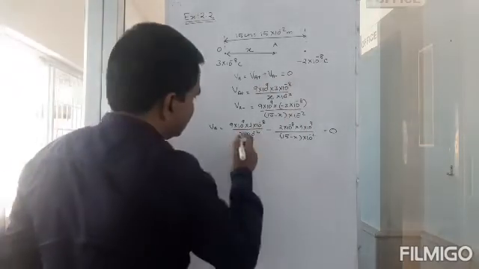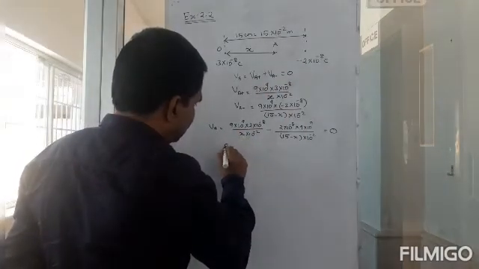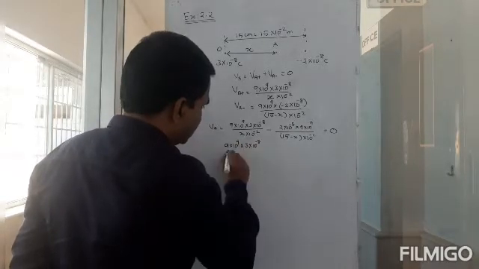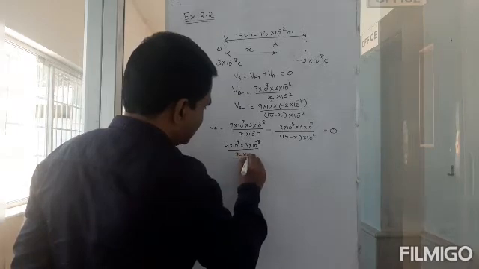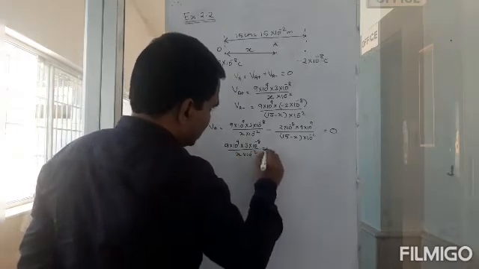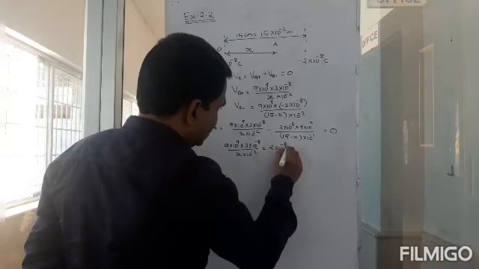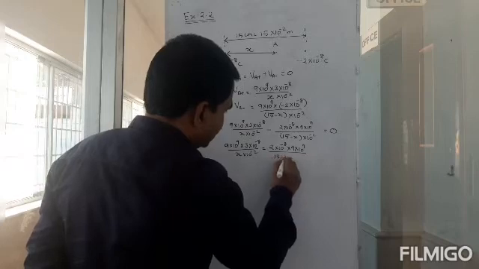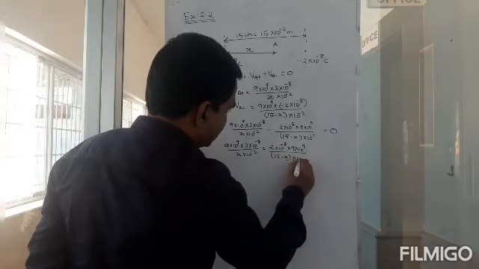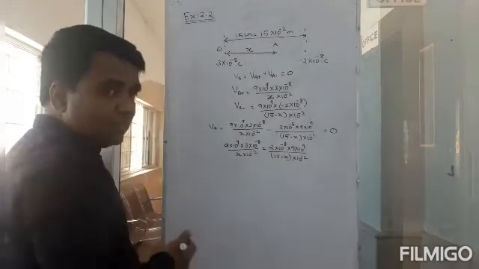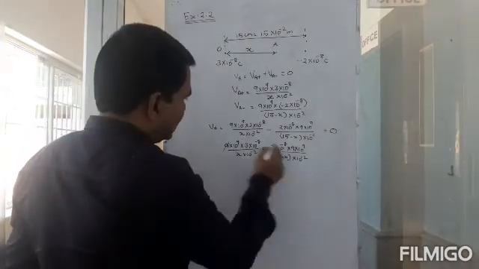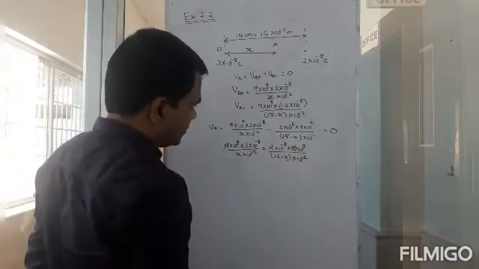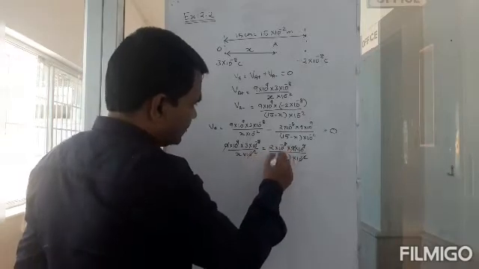Because 9 into 10 power 9 into 3 into 10 power minus 8 by x into 10 power minus 2 is equal to 2 into 10 power minus 8 into 9 into 10 power 9 divided by 15 minus x into 10 power minus 2. So I can start cancelling stuff. 9 will go, 10 power 9 will go, 10 power minus 2 will go, and then 10 power minus 8 will go.